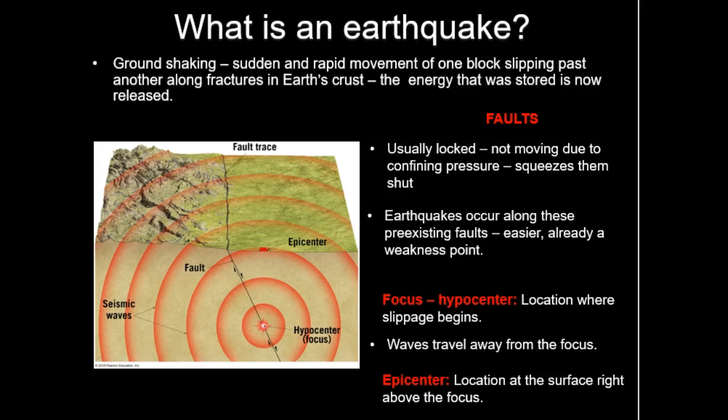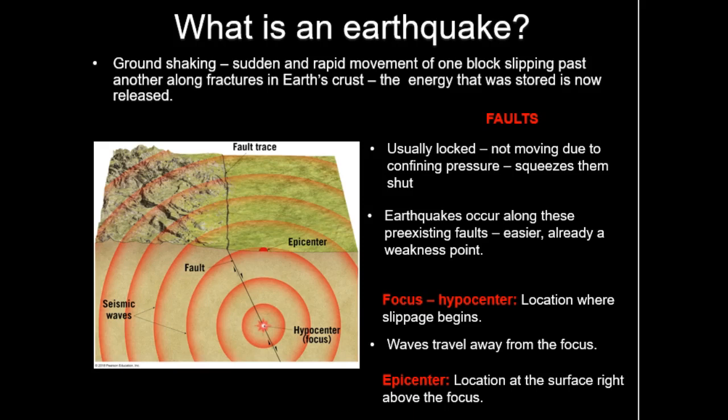So, ground shaking caused by the sudden and rapid movement of one block of rock slipping past another along fractures in the Earth's crust is what earthquakes are. In this case, where an earthquake occurs is going to be that zone, that fracture, that fault, if you would.